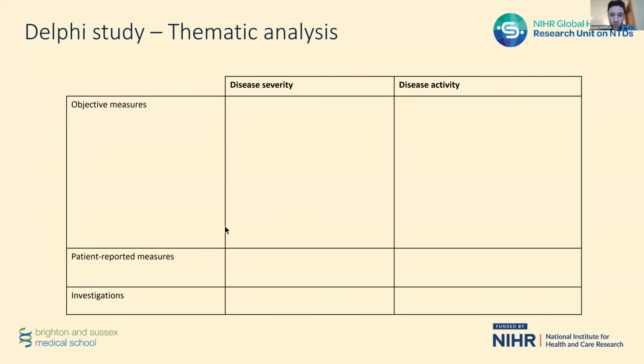So at the end of round 1, we had a large list of clinical features, and they were divided into those for disease severity and for disease activity. And within these 2 groups, they were broken down into objective features, patient-reported measures, and investigations.